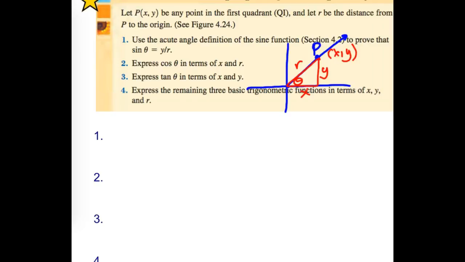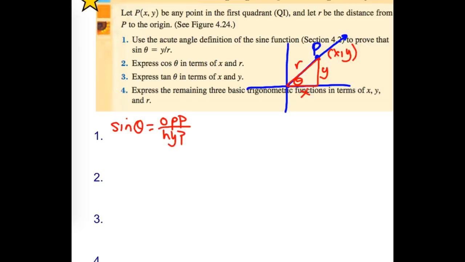Now it says use the acute angle definition for the sine function to prove that sine of theta would be y over r. How did we define it in terms of opposite, adjacent, hypotenuse, all of that? Sine was which sides? Opposite over hypotenuse?